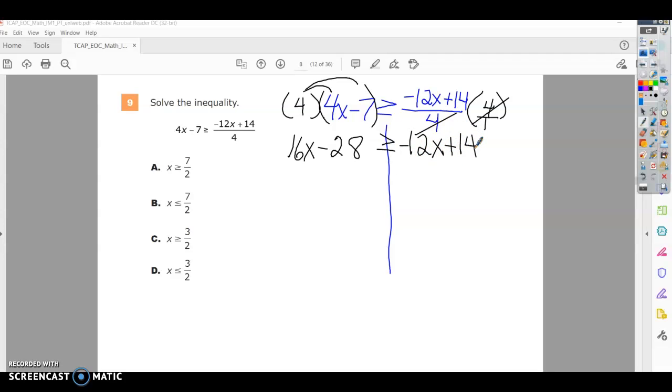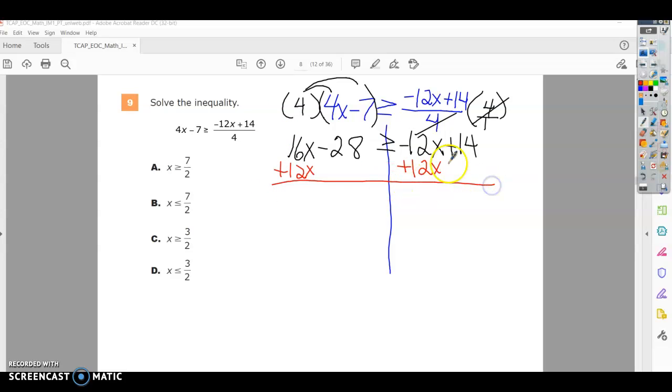All right, now I'm going to go back to the fact that I have a variable on both sides. I have a 16x and a negative 12x. So I want to do the same thing on both sides of the equation again in order to move the variable to one side. So I'm going to add 12x and I'm going to add 12x.